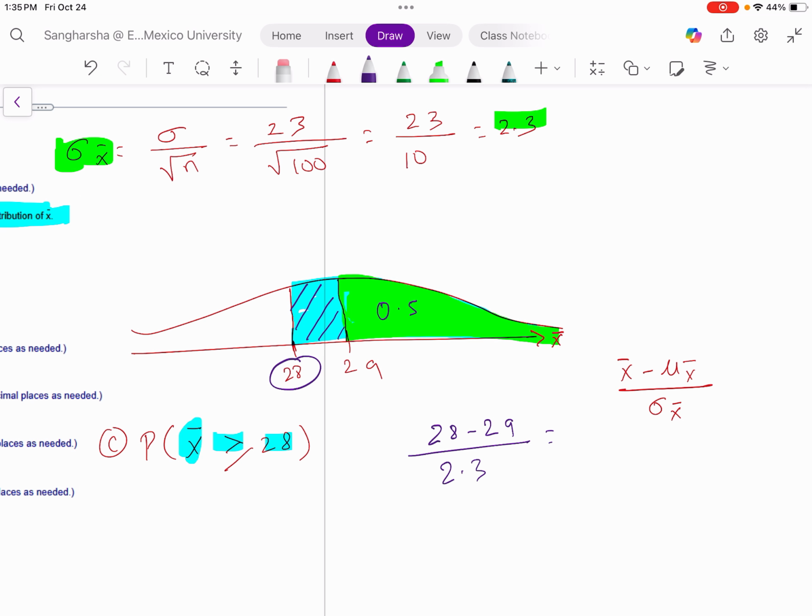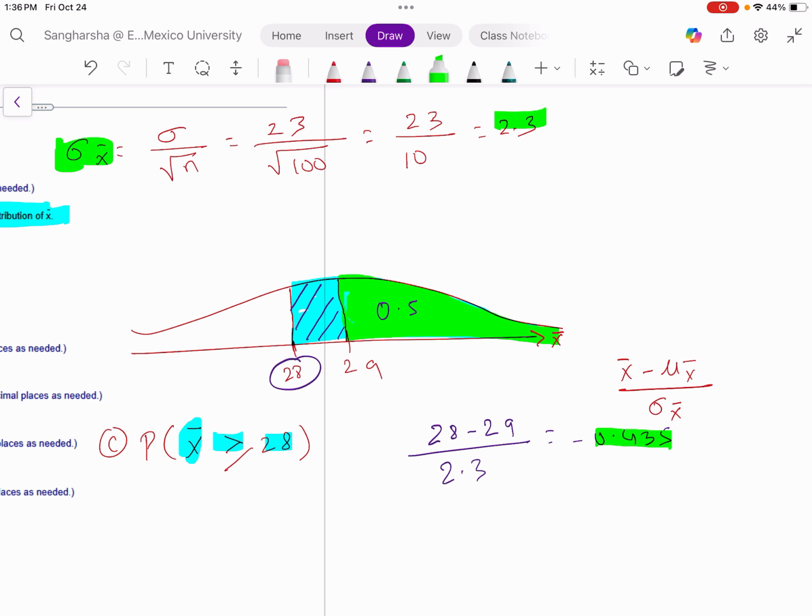So this is negative 1 divided by 2.3, which is negative 0.435. Now we use our G table, looking for 0.435.